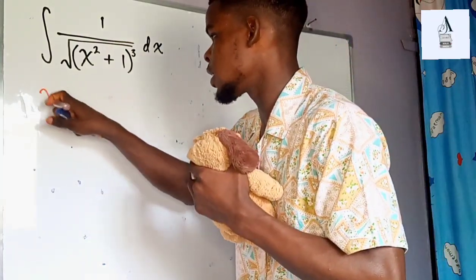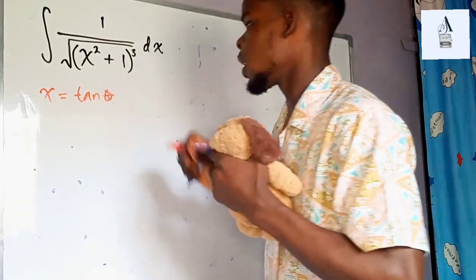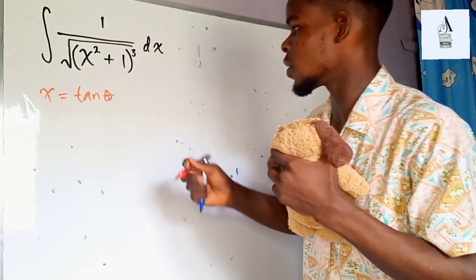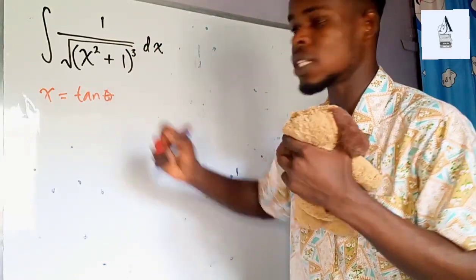So I will say let x be tangent of theta. When I do that, the next thing I'd like to do is to differentiate this, because we're going to convert everything from the x variable to the theta variable.